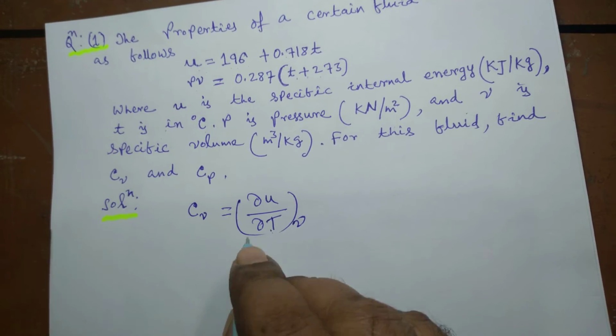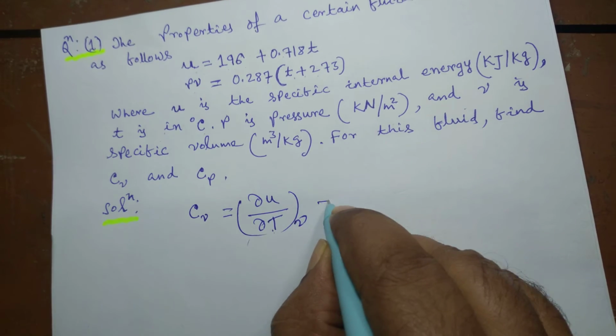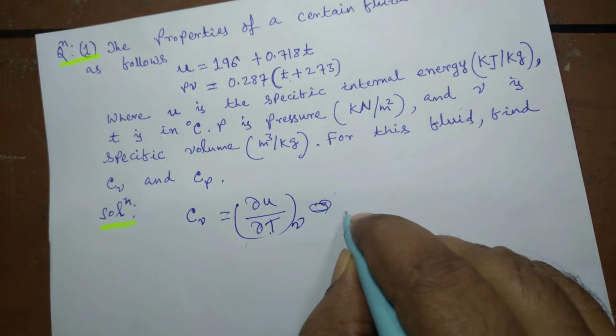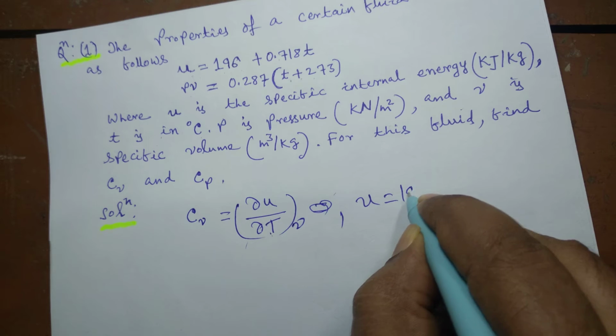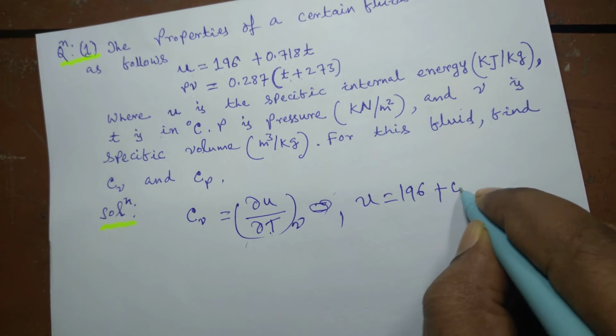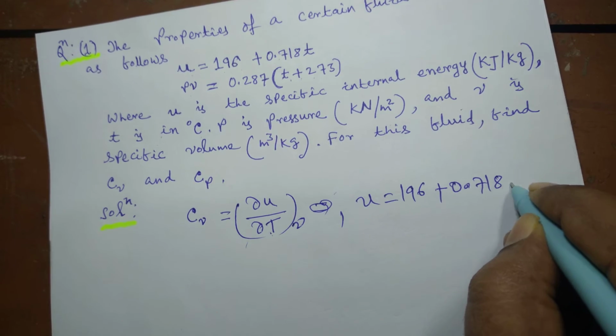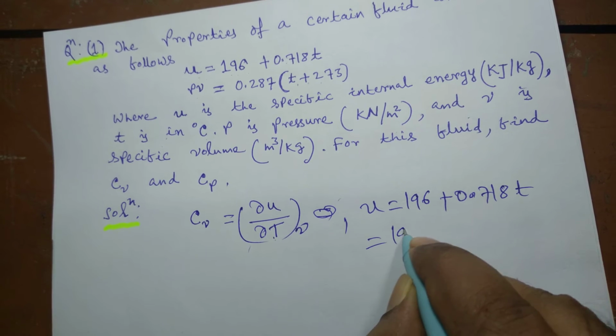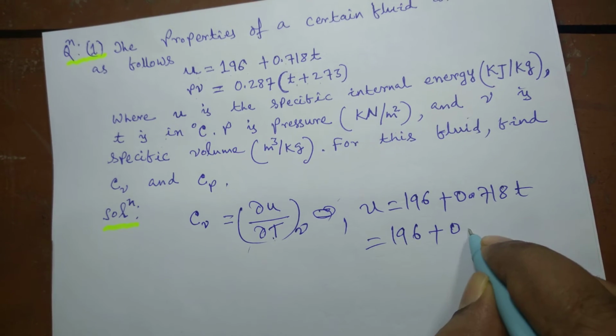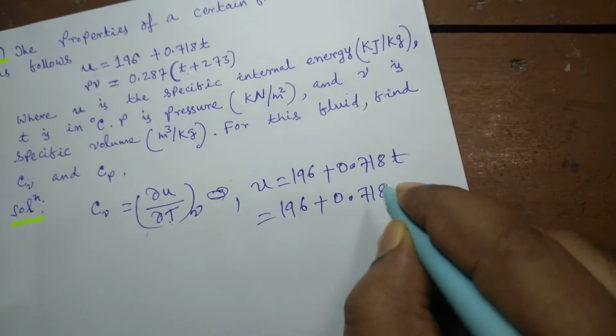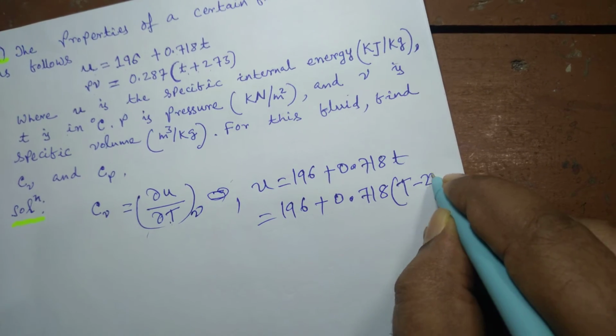So u is given to be 196 plus 0.718 t. So I can write it like this, 196 plus 0.718 (T minus 273).